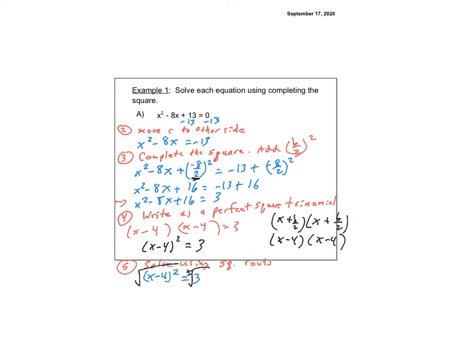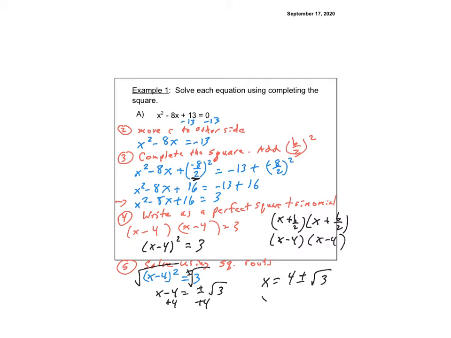Don't forget the plus and minus, because it goes there right away. And so we end up there with x minus 4 equals plus or minus the square root of 3. And then I have to bring over the 4, so I'm going to have to add 4 to both sides. We cannot combine those terms because they're not like terms, so we're just going to write it as 4 plus or minus the square root of 3.